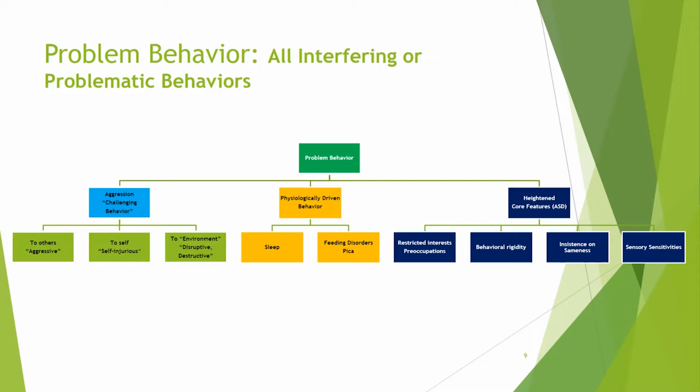Challenging behavior has been used commonly over the years, but carries a pejorative sense to it, and therefore generally it is avoided. I personally don't use the term challenging behavior because the question is, who is it a challenge for? And it does not describe the behavior.